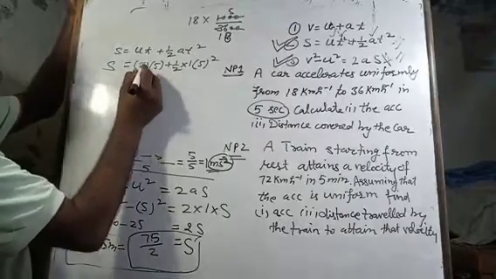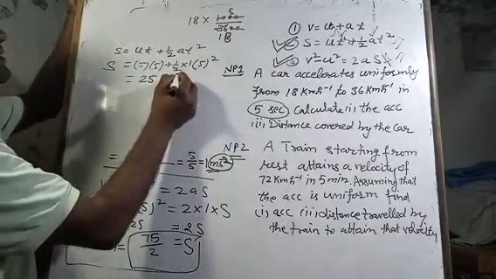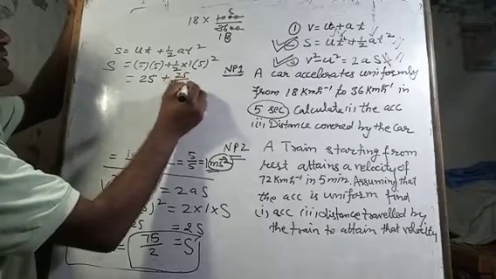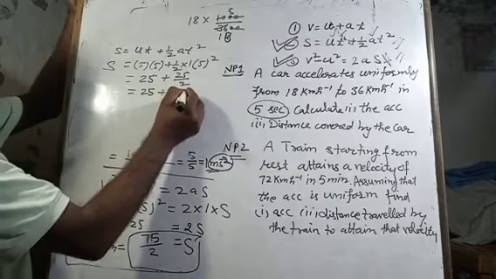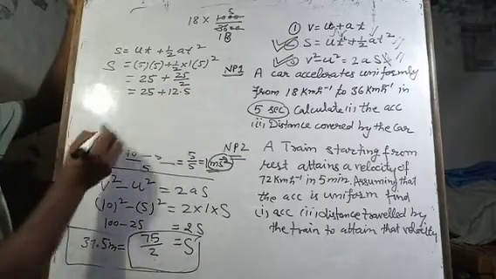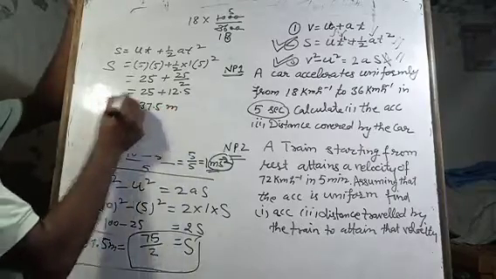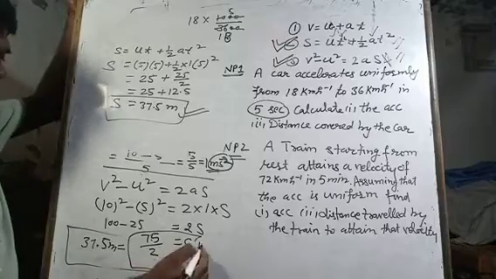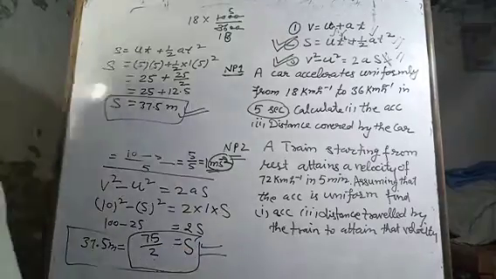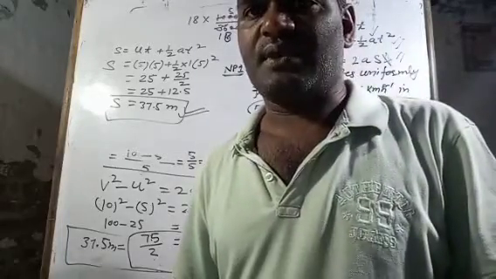So my dear student, 5 5s are 25 plus 25 by 2, which will be 12.5, and it will be 37.5 meter once again. So from both the formulas, distance traveled is the same. We can use any relation to calculate the distance traveled.